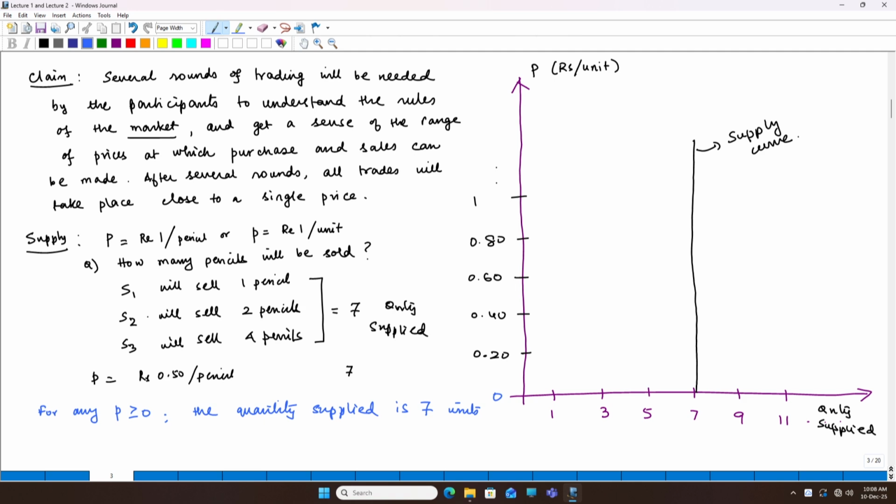So, what we learnt is that the supply curve tells us the quantity supplied at each and every price, from p equal to 0 to any other number.